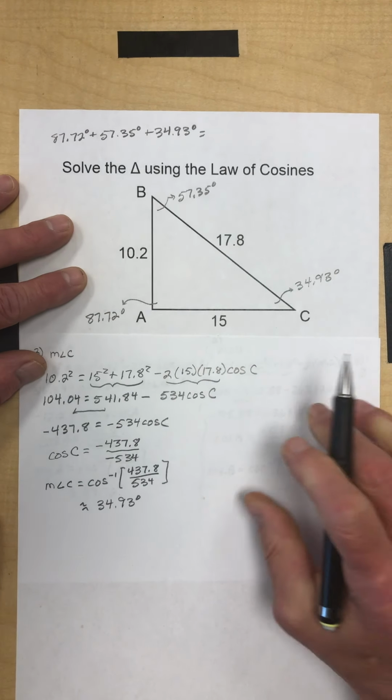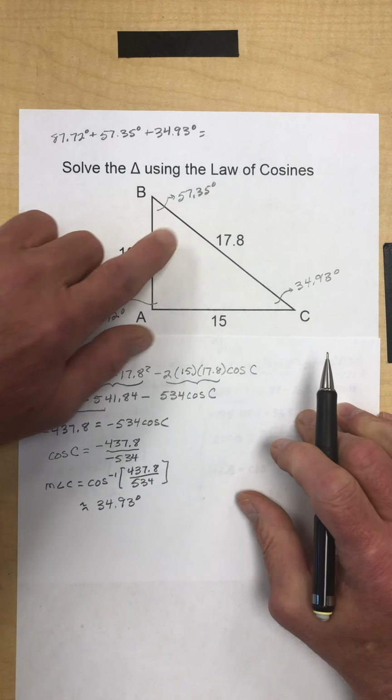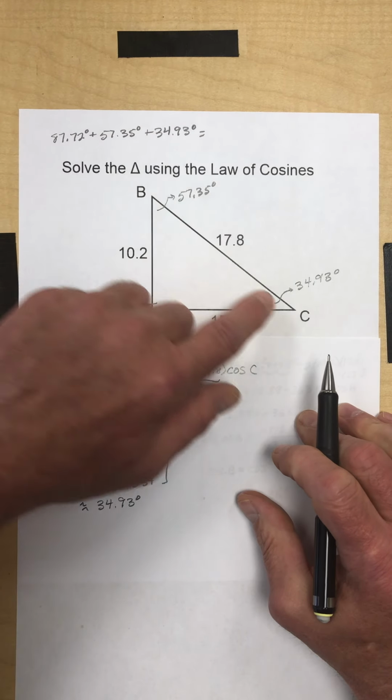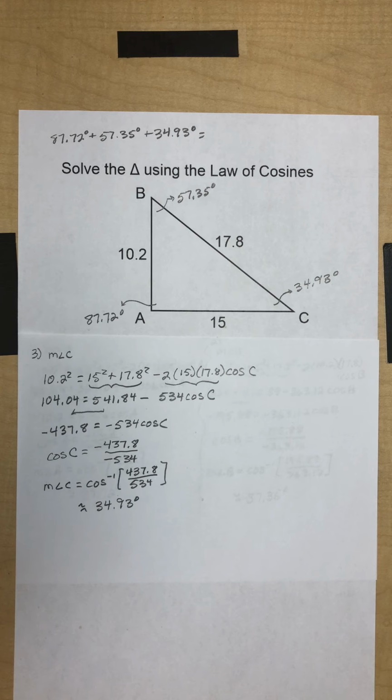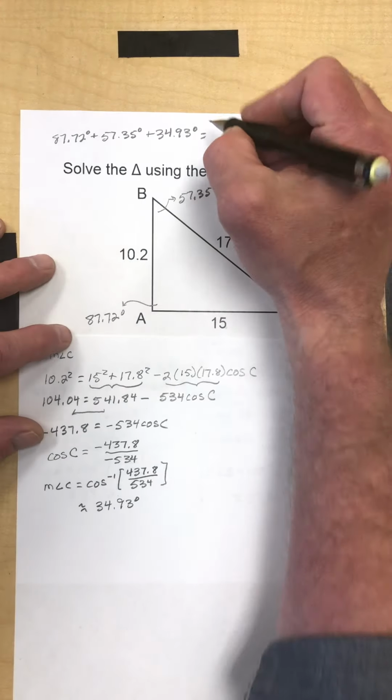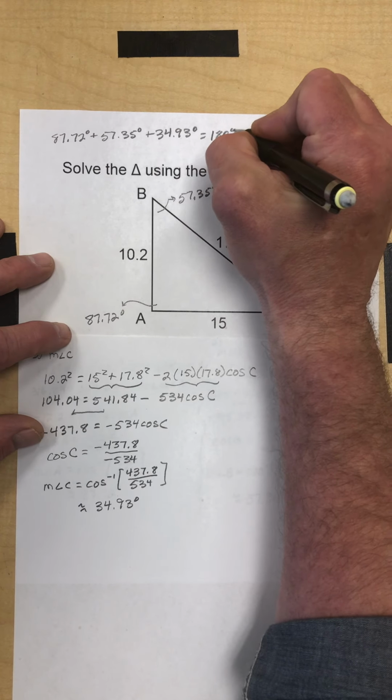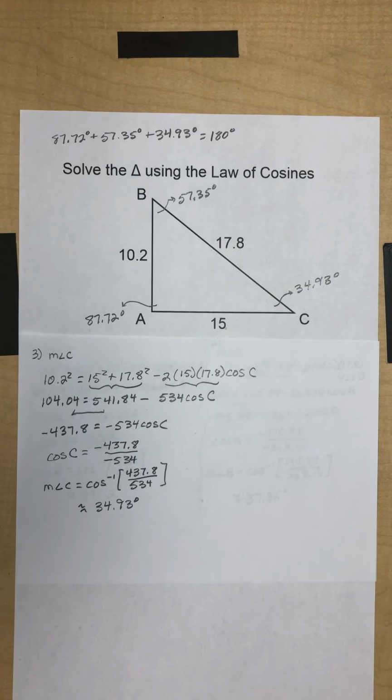Let's add them together and see what happens. 87.72 plus 57.35 plus 34.93. And lo and behold, I get 180 pesos on the nose. Okay, so we're in good shape.